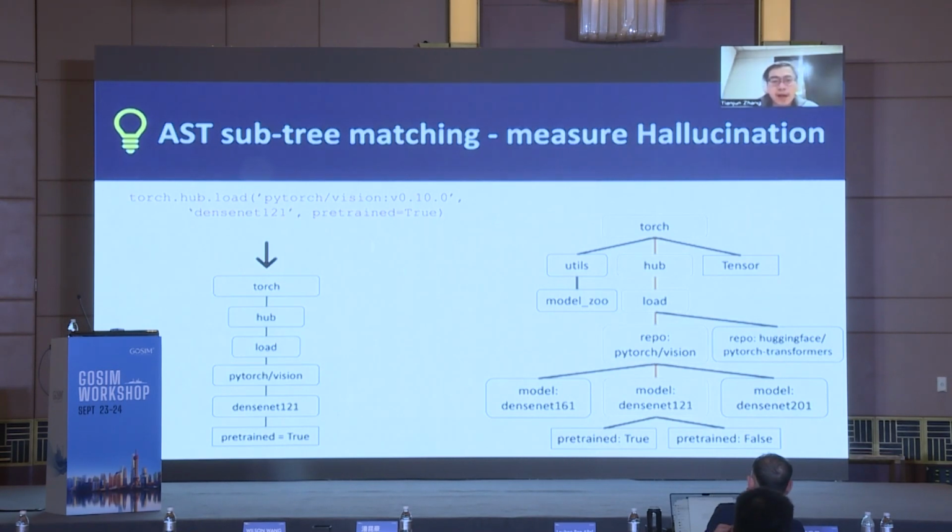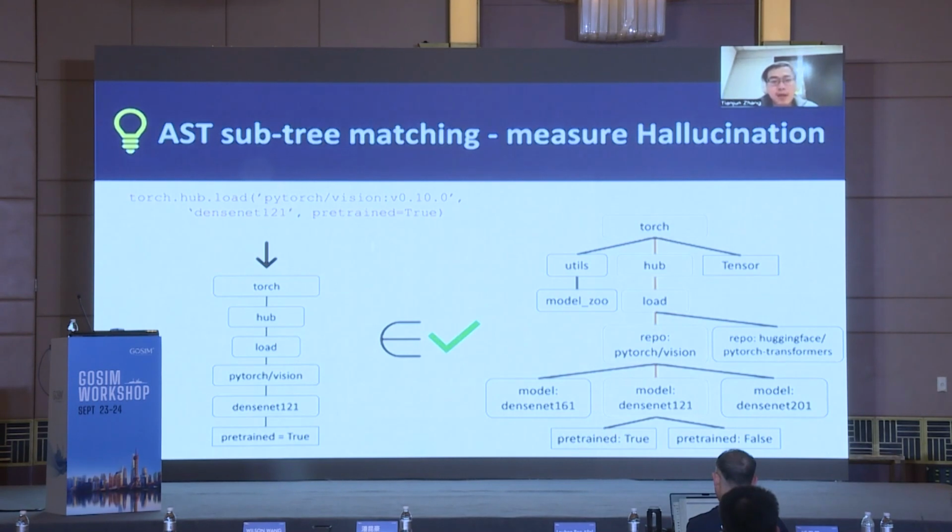What we have to actually check is what your model writes. Is there a subtree on the right side that contains the left side? This is our question.